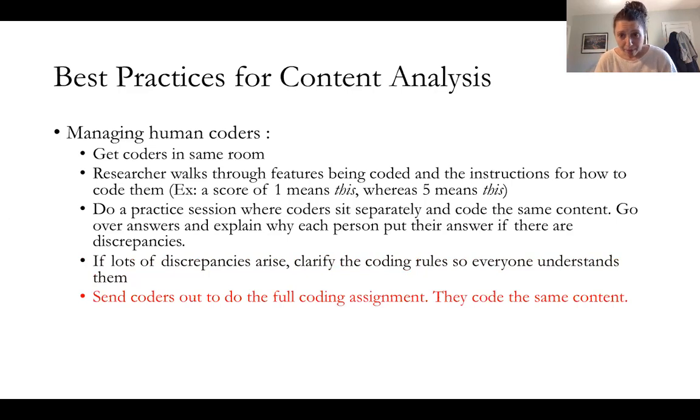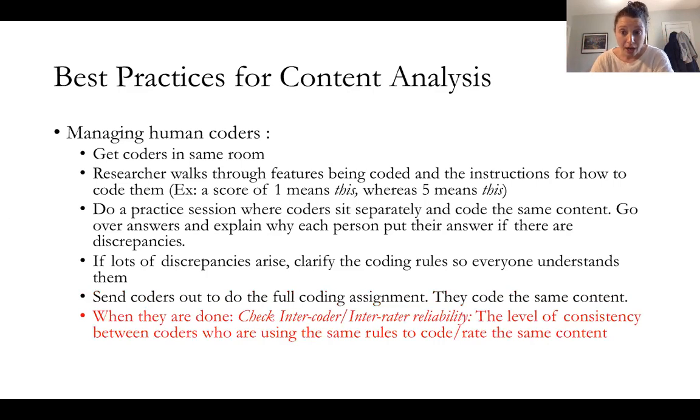Once you guys do that, you can send the research assistants back out into the world to do the full coding assignment. Now they're going to code everything, not just a small little practice sample. And they're going to code the same content. So 2 different people, maybe 3, but usually 2 different people coding the same speeches, following the same rule book for how they're supposed to code it.